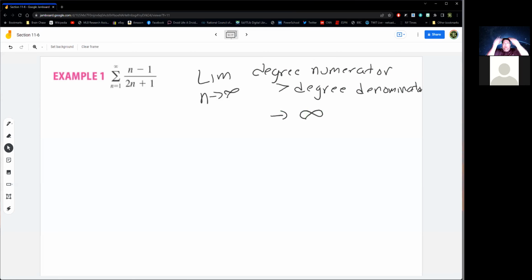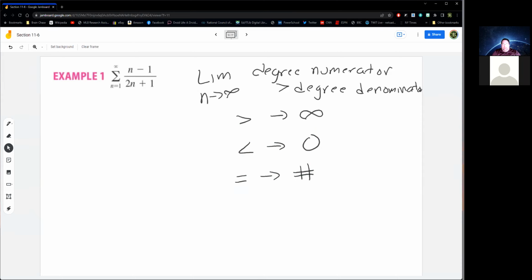So if the numerator is bigger than the denominator in terms of degree, it goes to infinity. If it's the opposite, if it's less than, it goes to 0. If it's equal, it goes to some number. Not 0, just some number.